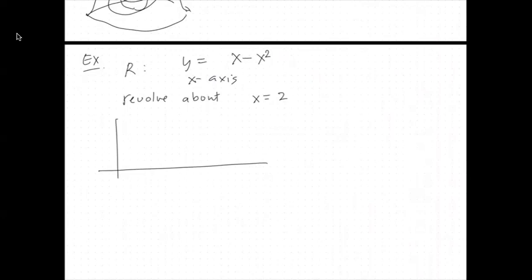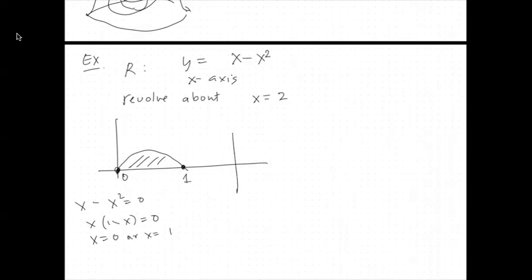The region is this one. So x minus x squared is equal to 0. We get x times 1 minus x equal to 0. x equal to 0 or x equal to 1. So this is the intersection, 0 and 1. And then we revolve this about x equal to 2. Okay, so here is our axis.